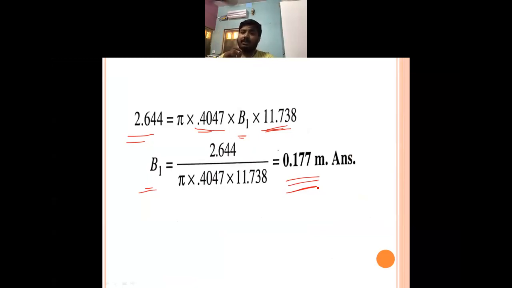So my suggestion is that you must practice the velocity diagram as much as possible, because the velocity diagram is different for different turbines. Already I have shown. Okay. So I have explained all the theory portion of turbines. Now I will solve the numericals.